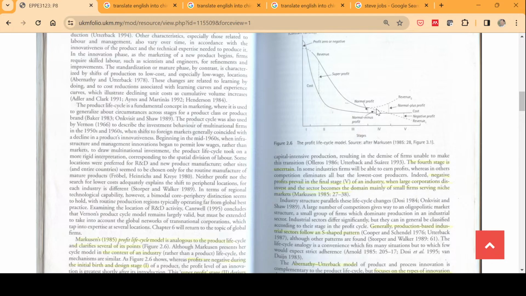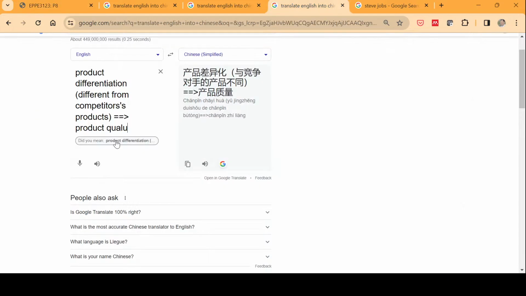This refers to product quality. Quality is different. So at that time, companies will be offering basically the same quality.